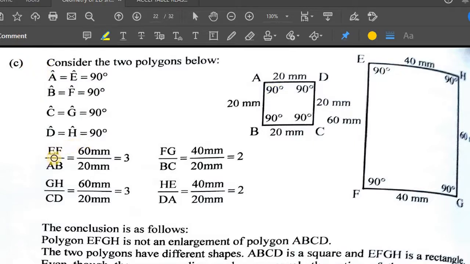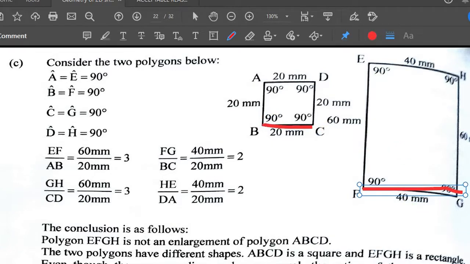When it comes to our sides, we've got EF over AB, that is 60 over 20. 60 over 20 is 3. Then let's take FG over BC.